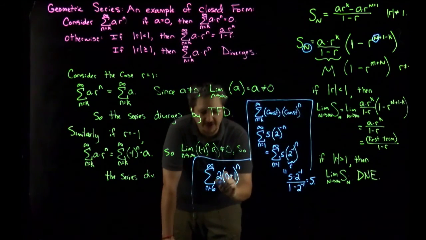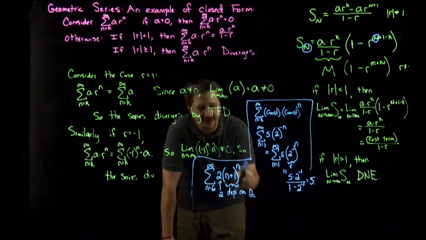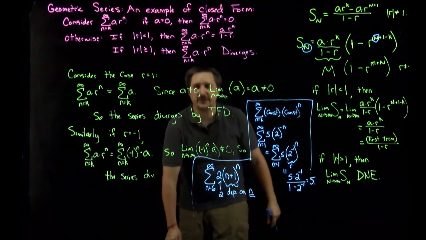So here I have a constant 2. Here I have a thing, but this thing depends on n. And so this cannot be a geometric series.